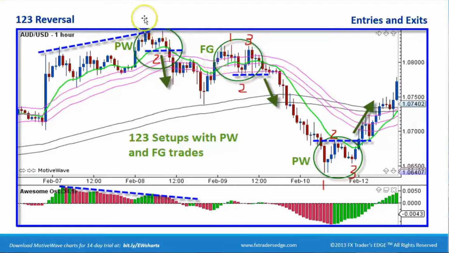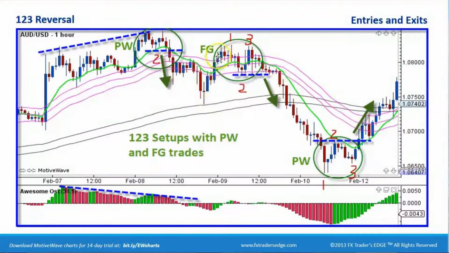If we label this point 1, the high of the market, and this is the breakdown point for point 2, and this would be point 3, once the market breaks down through this blue horizontal dotted line, that's the trigger for the 1, 2, 3 pattern, and that's also the PW trade. Then the market does a fill the gap and then retraces and does another fill the gap.